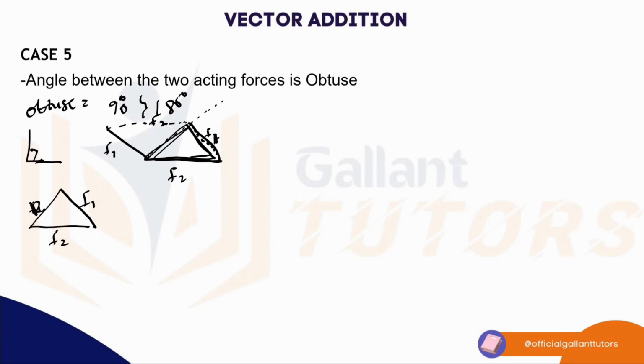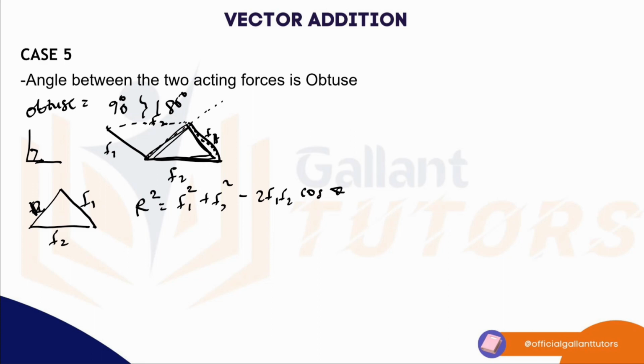Which is R squared equals F1 squared plus F2 squared minus 2 F1 F2 cos theta. So I'm not solving anything here.